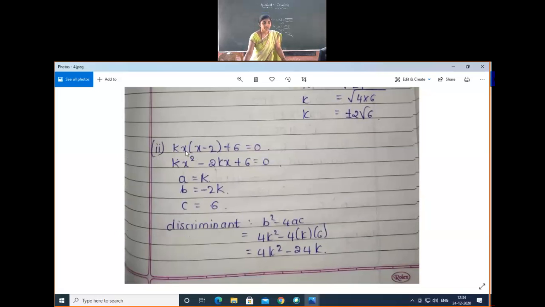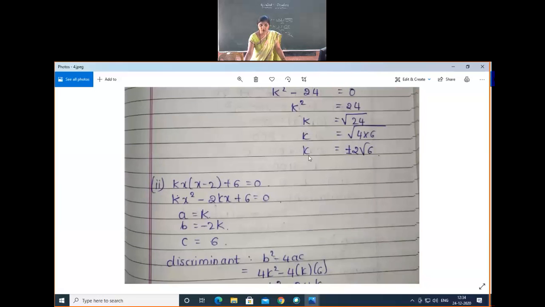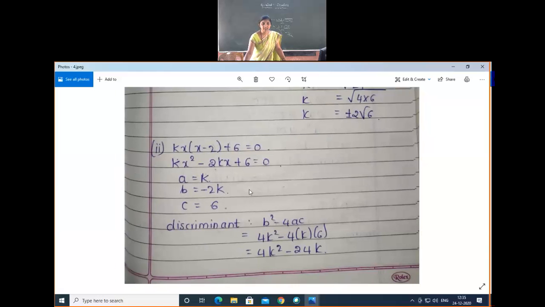Okay. Next, kx into x minus 2 plus 6 which is equal to 0. Second one. See here, the k value you got is plus or minus 2 root 6. Got the idea now? Did you get the same answer, students? Are you all there now?